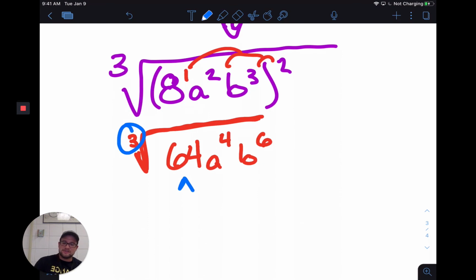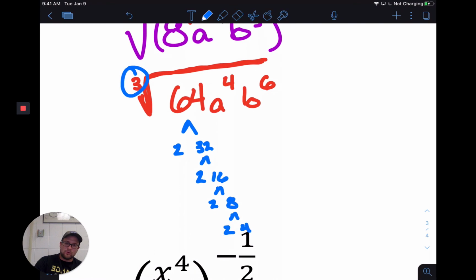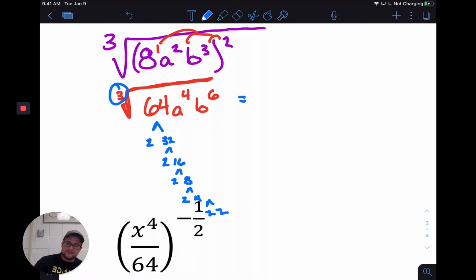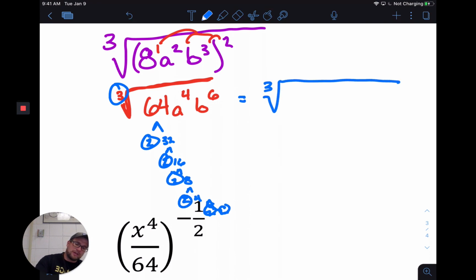So breaking down 64, I could break it into 2 and 32, which I could break into 2 and 16, which I could break into 2 and 8, which I could break into 2 and 4, which I could break into 2 and 2. So I can really rewrite 64 as 2 times 2 times 2 times 2 times 2 times 2. So right now I'm looking at the cubed root of 2 times 2 times 2 times 2 times 2 times 2. I'm also going to have 4 a's inside, and I will have 6 b's.